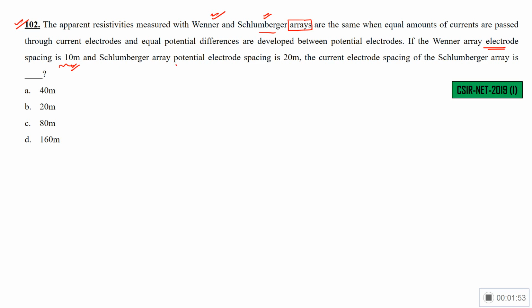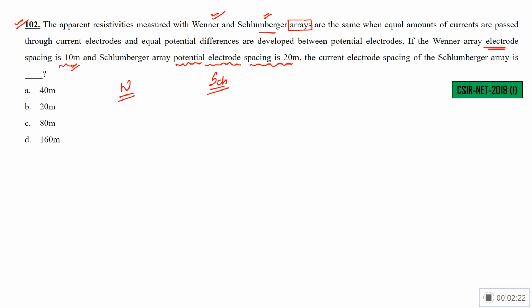In a Schlumberger array the distance between the potential electrode and the current electrode is not the same, it is different. So the current electrode spacing in the Schlumberger array is to be found.